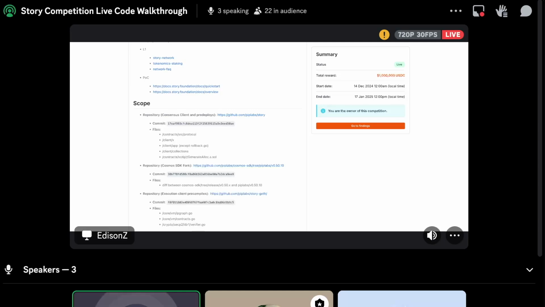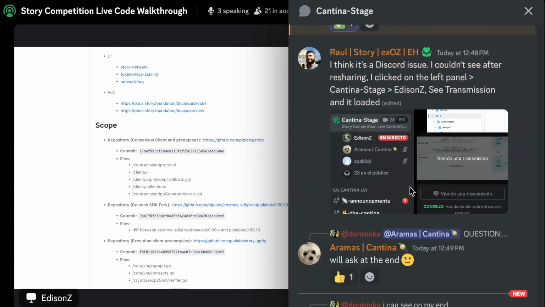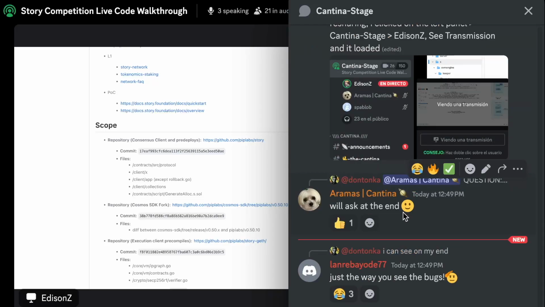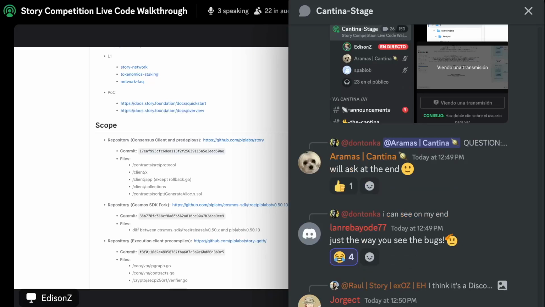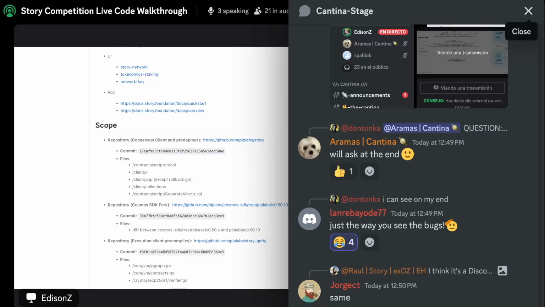Later on, when we wanted to modify the staking and distribution modules, these modules were intertwined with other Cosmos modules. So it was very hard to extract them because of the dependency graph, with dependencies between each other and also with our own Story-side Cosmos modules.